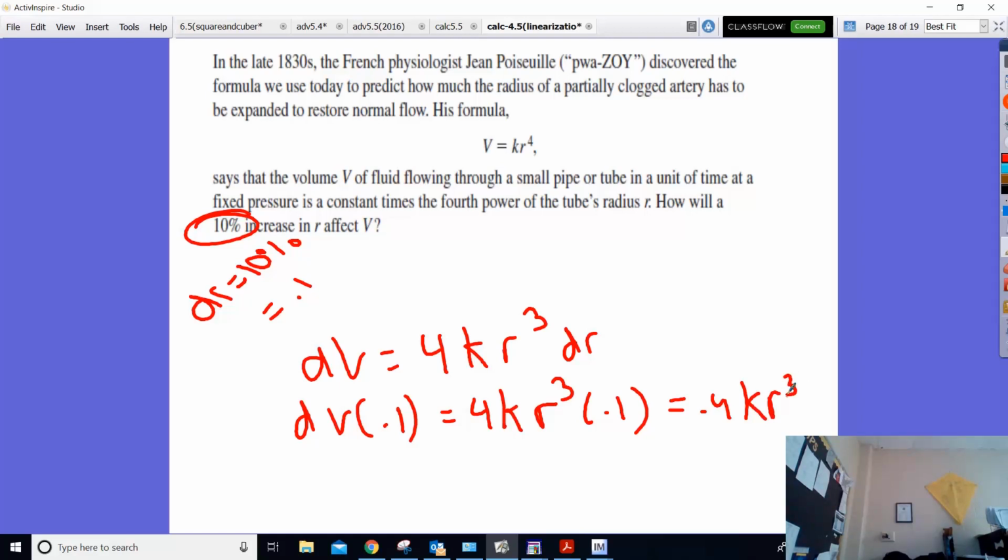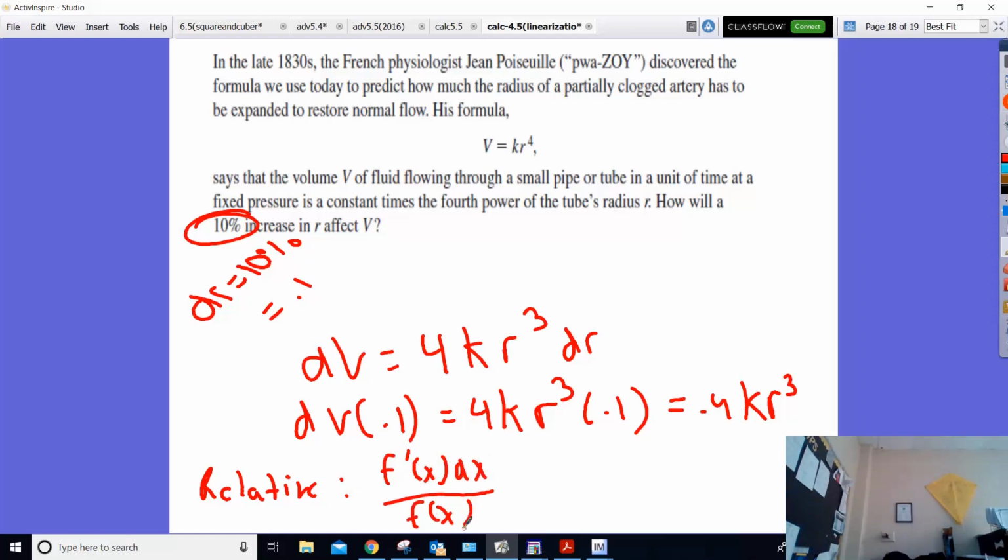Now, they want us to figure out how much a 10% increase in r affects V. Look at your formula for relative change. Isn't relative f prime of x dx over f of x?